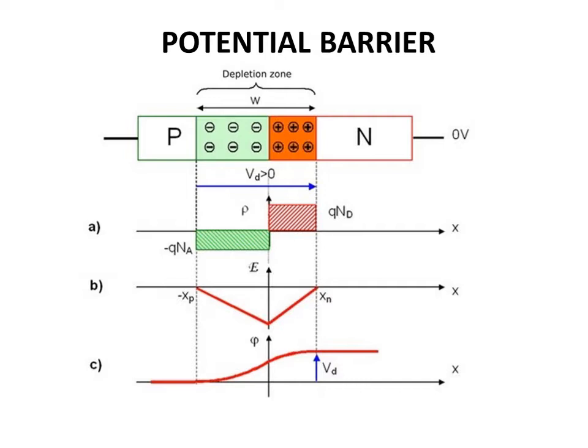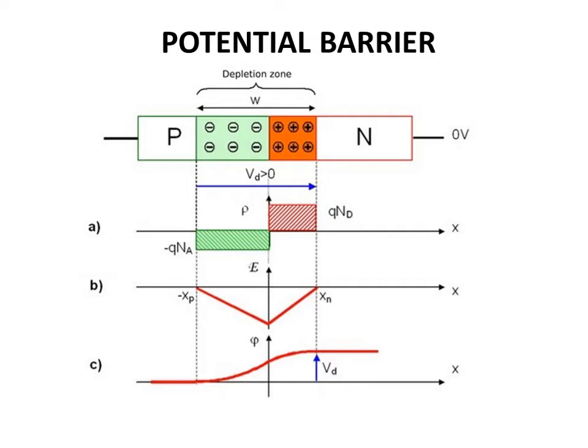So here what we are going to see is, we will assume that this p region and n region are both uniformly doped. That means if you take any point in the p region, it will have a particular potential, and every point in the p region is assumed to be at the same potential due to uniform doping. So we have the p region at a particular constant potential, and the n region at a different constant potential.